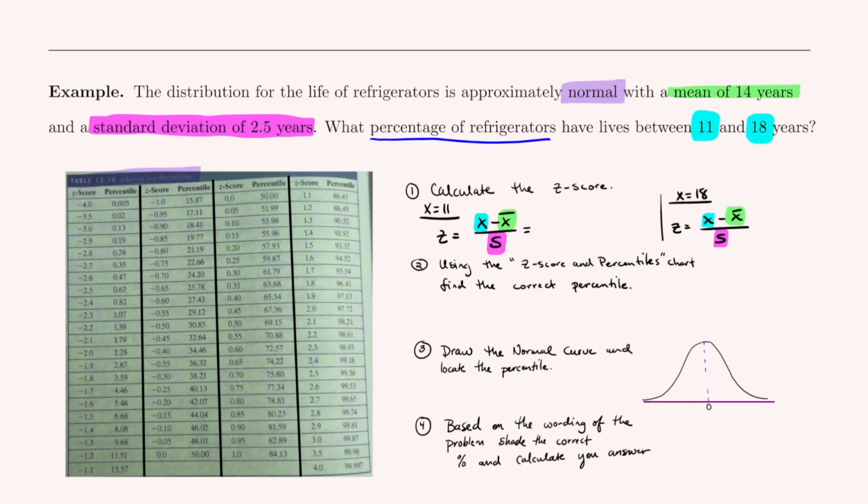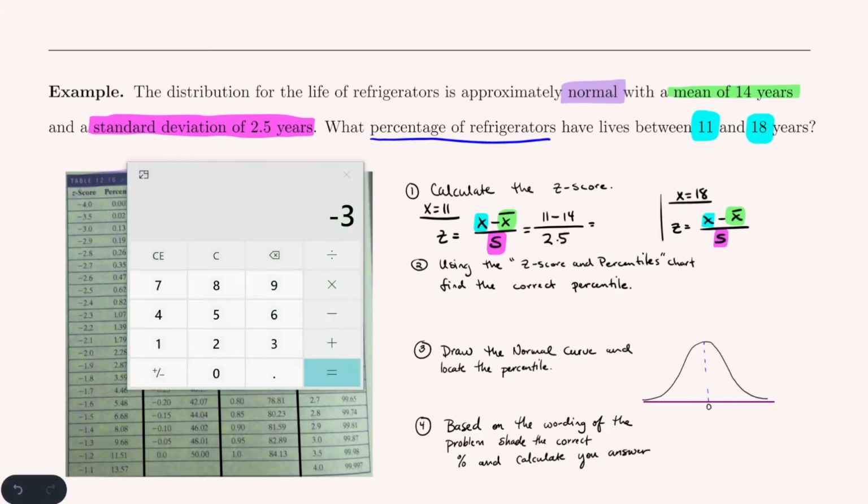We know our data value for the first one is 11 minus a mean of 14 divided by a standard deviation of 2.5. 11 minus 14 is negative 3 divided by 2.5. And we get a z-score of negative 1.2.